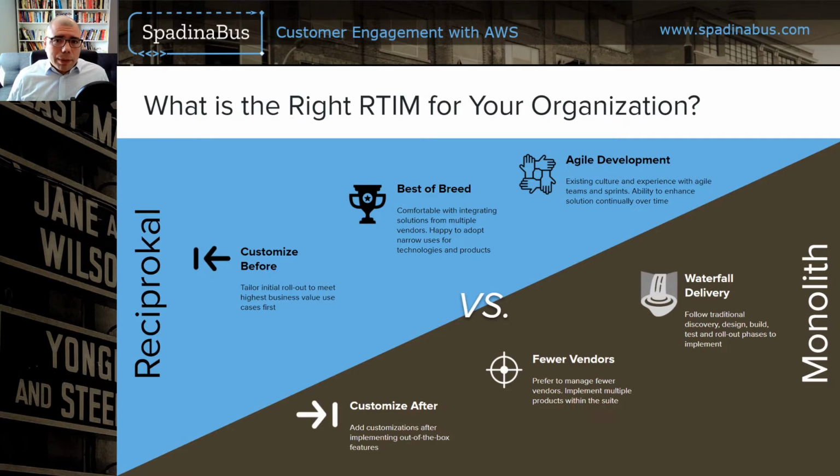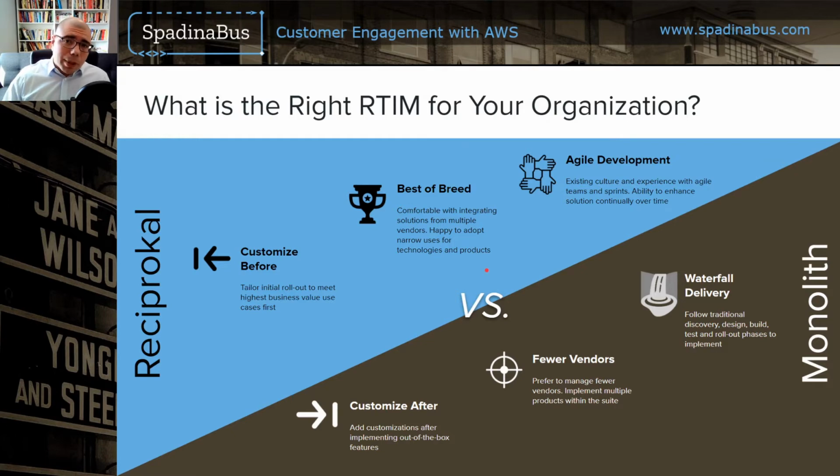So what are the alternatives to that? Well, Reciprocal is an alternative. It makes a lot of sense for organizations, or parts of your organization, that have a culture of agile development, so you have your pods and your sprints. It also makes a lot of sense for organizations that have a predisposition towards looking at best of breed solutions.